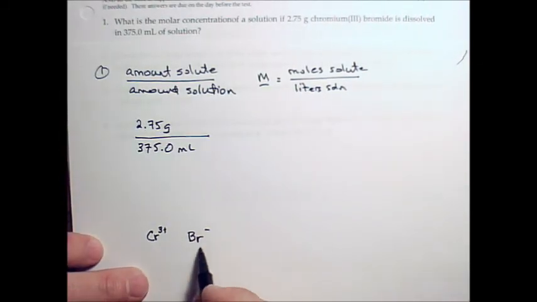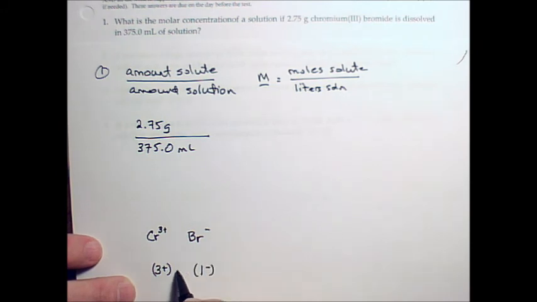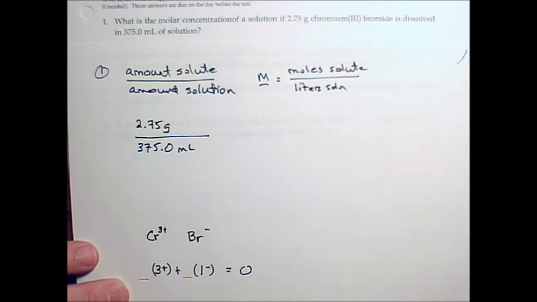So to make this formula work out to have a 0 charge, I've got a particle with a 3+ charge and a particle with a 1 negative charge. I'm going to put these together in a way that gives me a 0 charge when I'm done. So I need coefficients here to find the number of each of these kinds of particles. I'm going to need 1 of these and 3 of these.